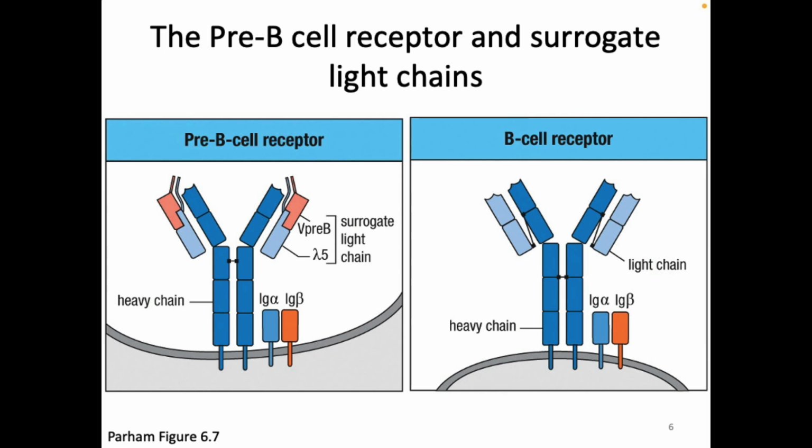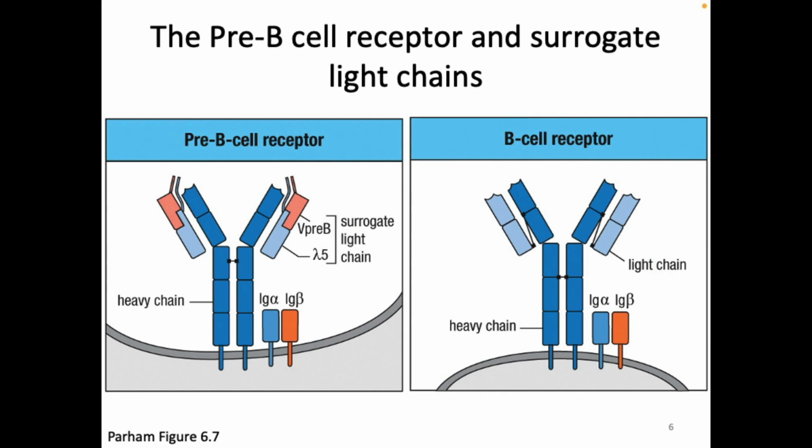And now, if you think about it, we've changed something in my table. We don't have nothing on the surface anymore. Now we've got something on the surface. Specifically, we have the heavy chain and the surrogate light chain, which is V3B and lambda 5.